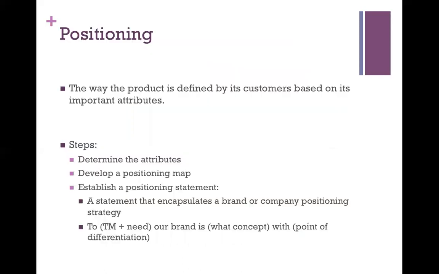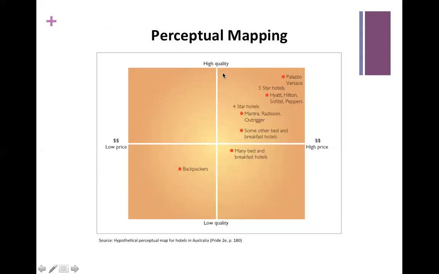Before I mentioned determining the attributes. The attributes in here are quite important for us to understand. What about if we struggle with the attributes? For your assessment, you can use these two attributes, quality and price, that's fine.